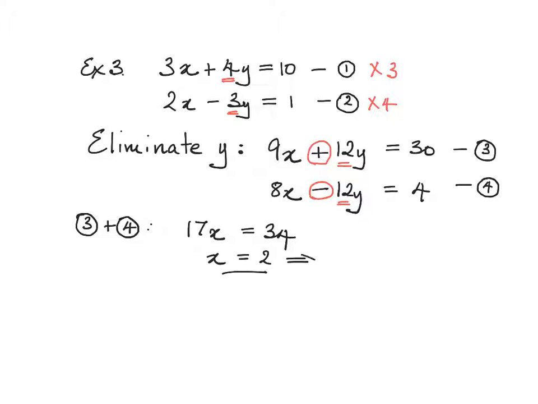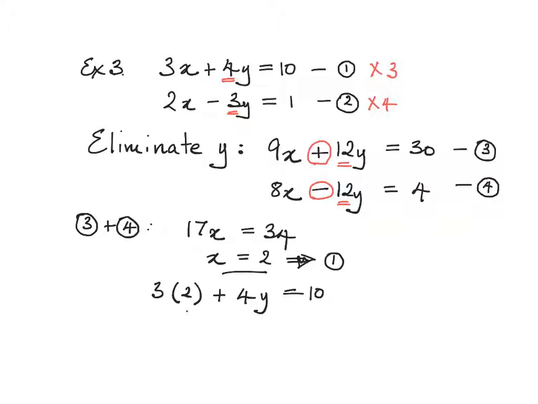As with examples 1 and 2, what I'd like to do now is to find the corresponding value of y. Now that I know x, I'm going to substitute x equals 2 into equation 1. I could use 2, but let's just use equation 1. So 3 times 2 plus 4y equals 10.